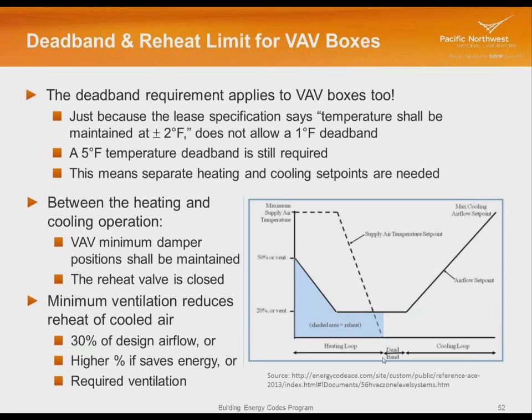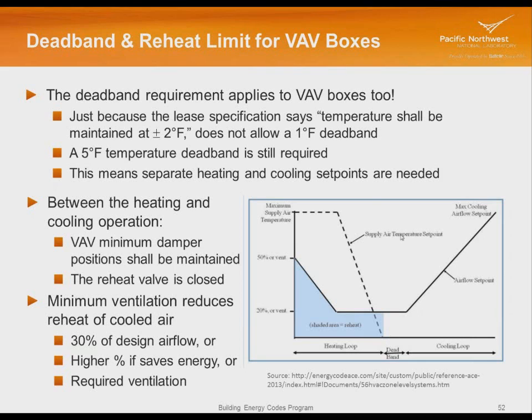And those can vary. We don't care if you want to shift those seasonally, that's fine. But we want a deadband at any particular time. And during that deadband, I don't want anything more than what's called the minimum box amount of air going into the space, and I do not want the heating coil on. So that's what we're looking for.